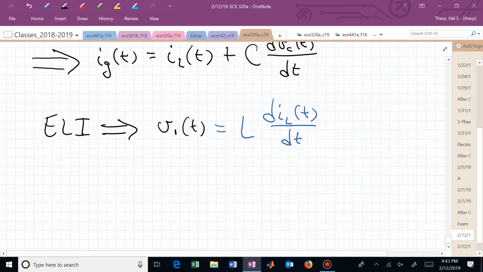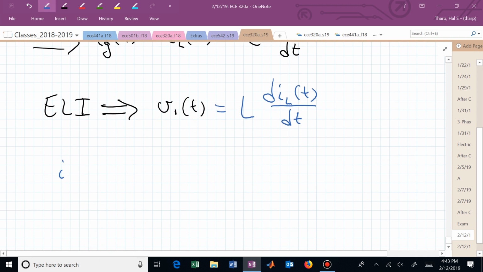Or we now have I sub L of t is equal to 1 over L integral V sub 1 of tau d tau. Actually, this is not to infinity. This is just up to time t.